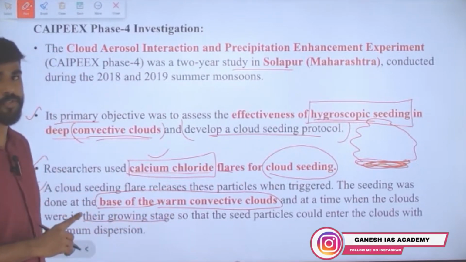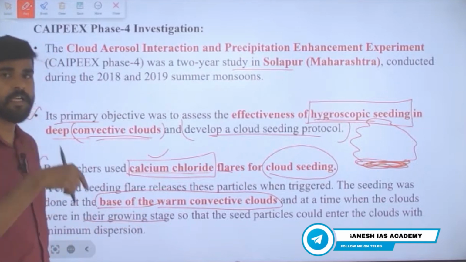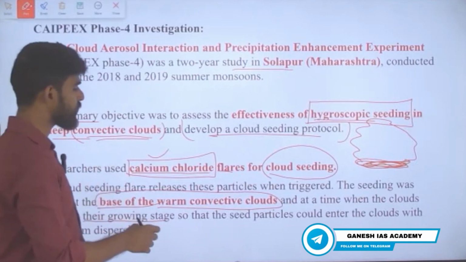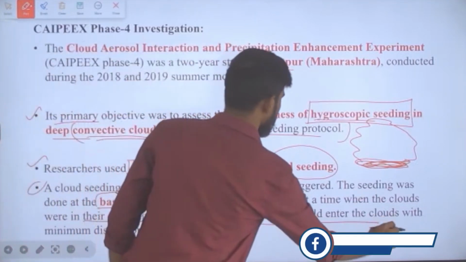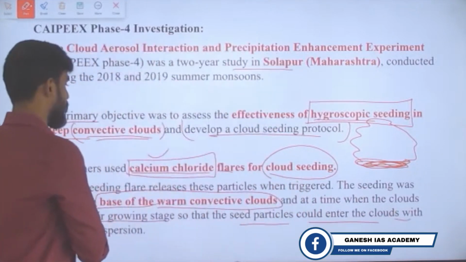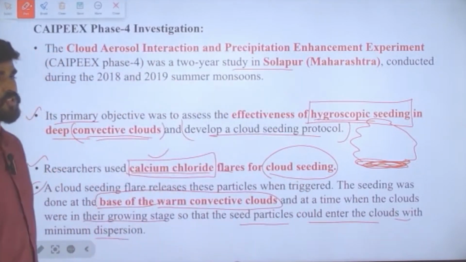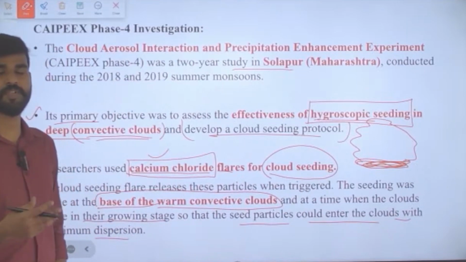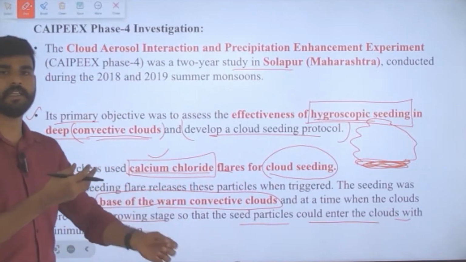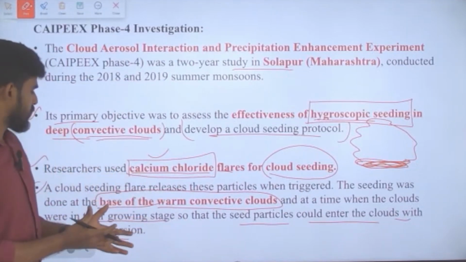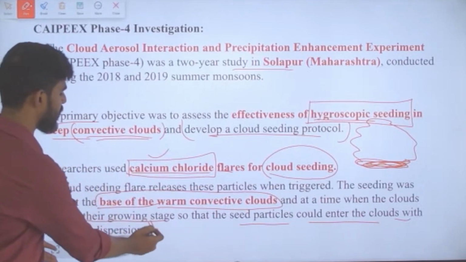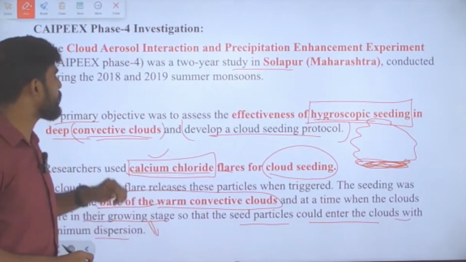This is also important. When the clouds are in the growing stage, this seeding has to happen so that the seed particles enter the clouds with minimum dispersion. So there is no need of much dispersion when the seeding is done in the growing stage itself. So this is what we need to know.